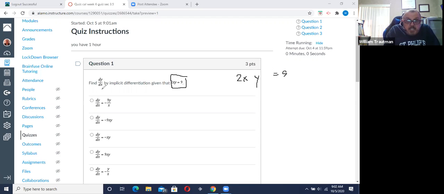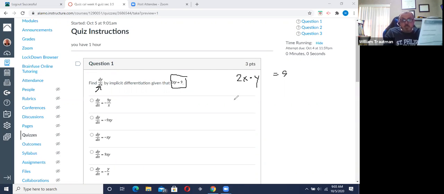And we're taking it with respect to x. So here we have to use the product rule. If you remember the product rule from your notes, it's for when you multiply two items together.